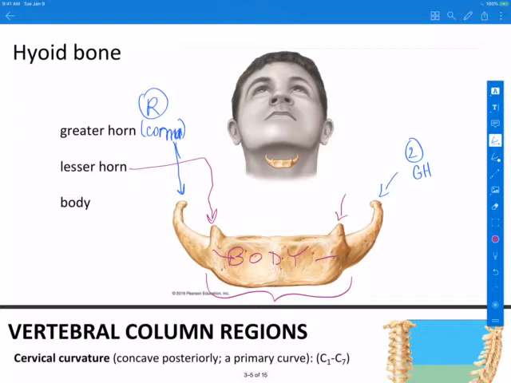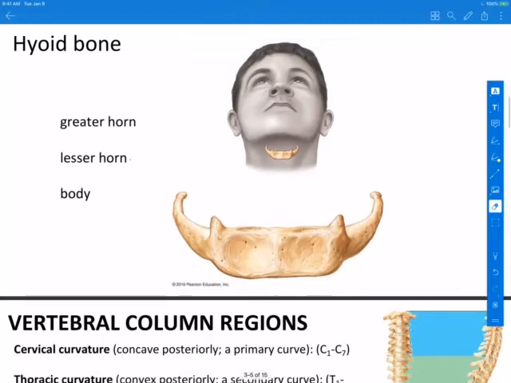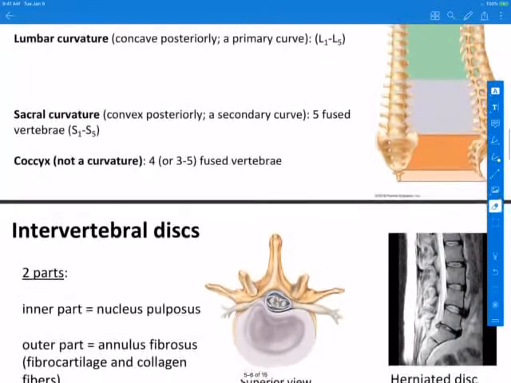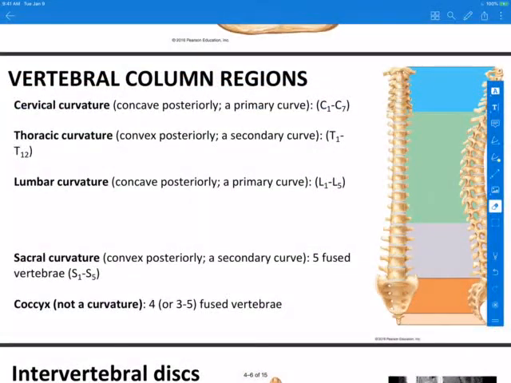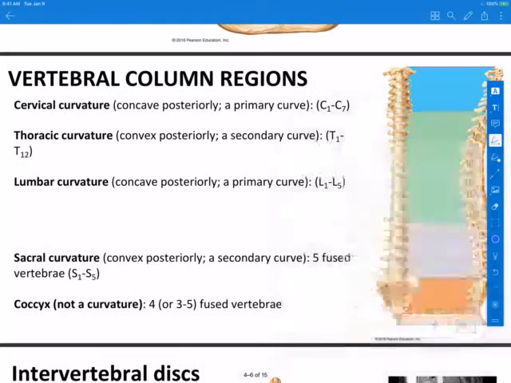All right, so let's talk about the vertebral column. The vertebral column has 5 major regions, and the first most superior region is the cervical region. The second region is the thoracic region. So the cervical region includes 7 cervical vertebrae, and the first 2 have special names.